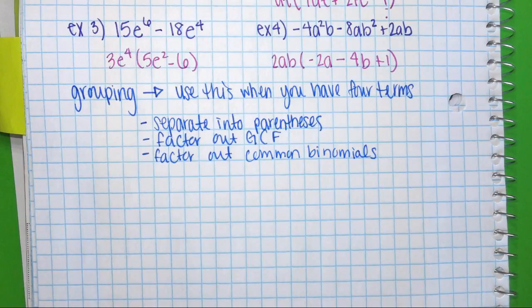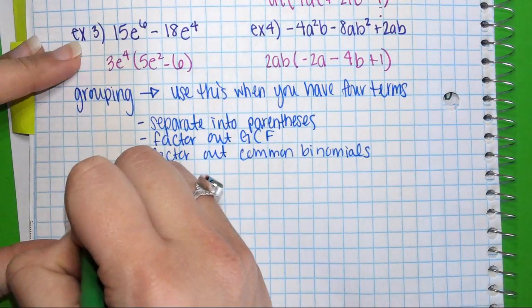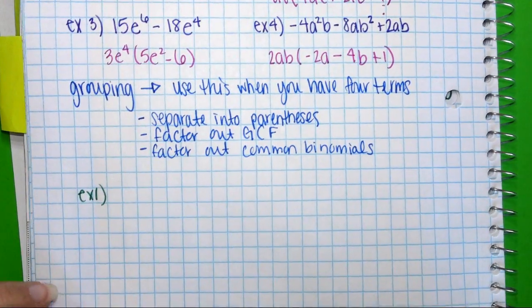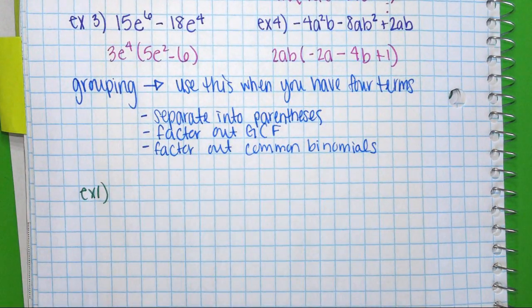Alright, you separate it into parentheses, you factor out the GCF, and then you factor out the common binomial. So, example 1. And remember, you only use this when you have how many terms? 4 terms. So the first thing you do is look for a GCF.